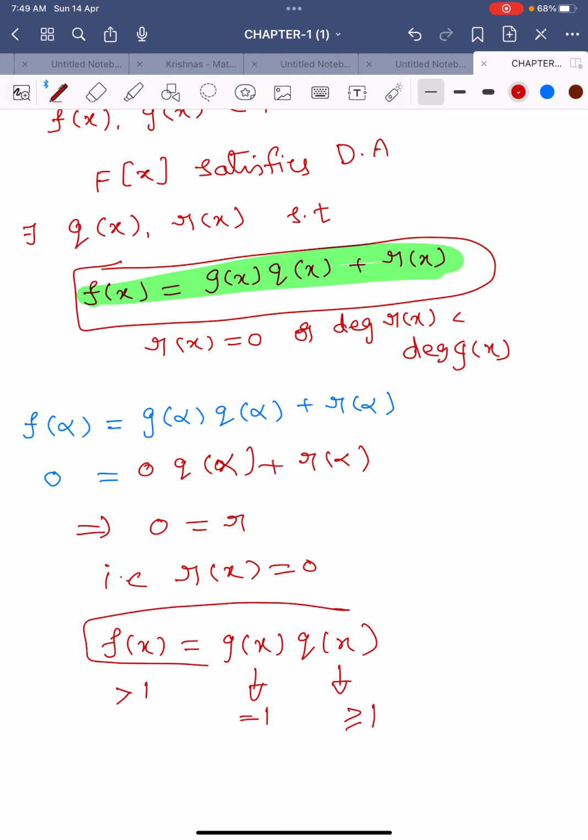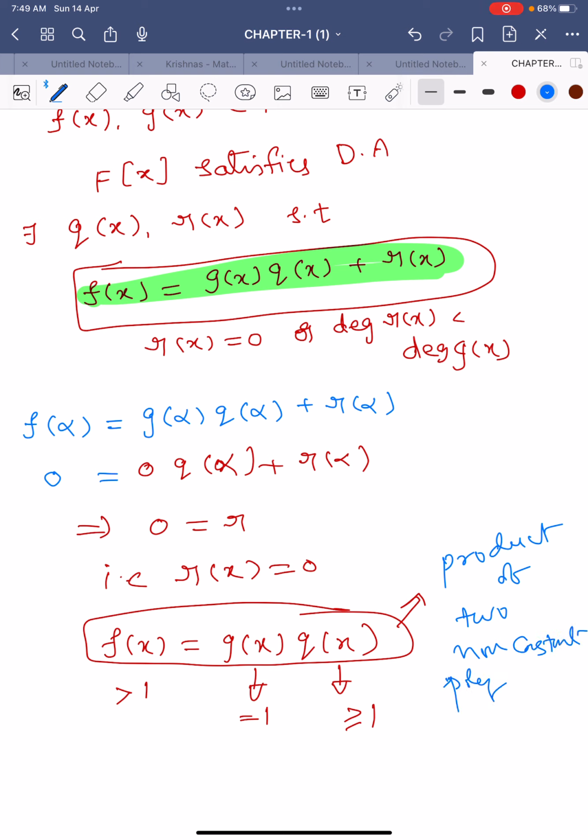This is nothing but the product of two non-constant polynomials. It means f of x can be written as a product of two non-constant polynomials. It means f of x is reducible.